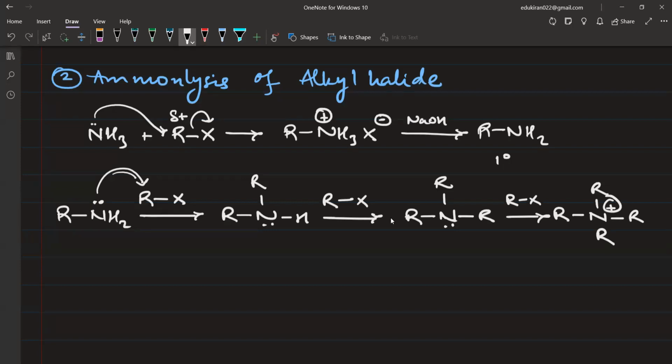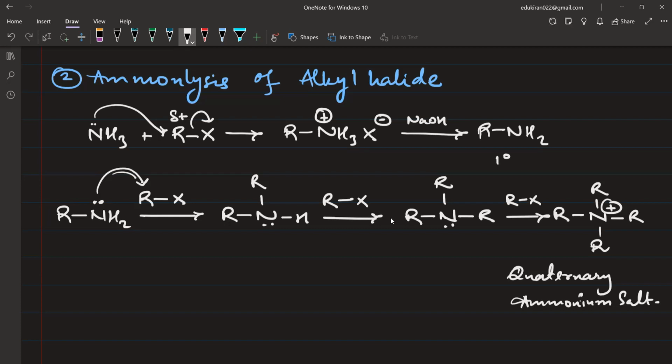So now once it gets the positive charge, it does not have any lone pair of electrons now, then it will not react with RX. So this is known as quaternary ammonium salt. This quaternary ammonium salt does not react further on.